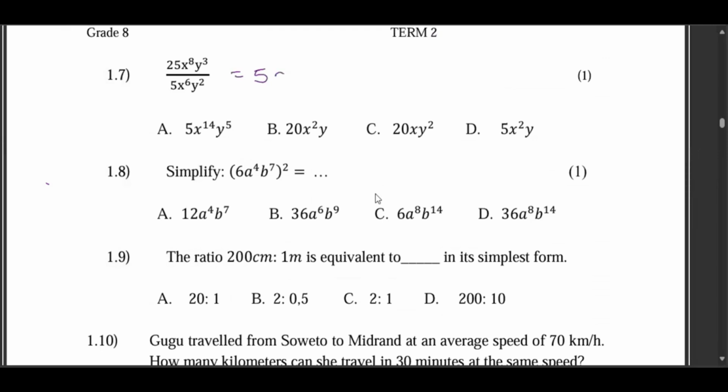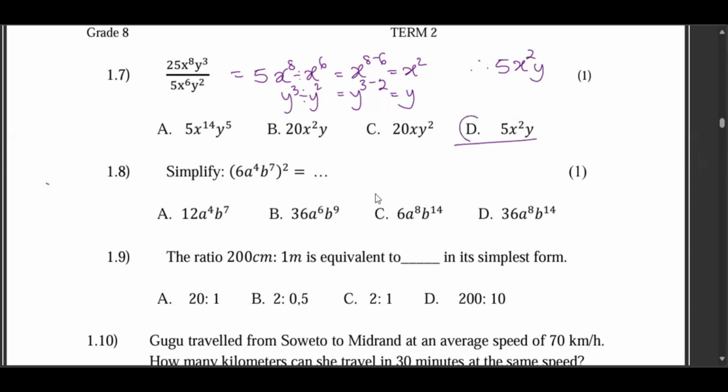So x to the power 8 divided by x to the power 6, what happens? x to the power 8 minus 6. So our x has to be squared. What about the y? It's y cubed divided by y squared, which is y to the power 3 minus 2, which becomes y. Therefore, our answer is supposed to be 5x squared times y, which is D. So the answer is this one here.